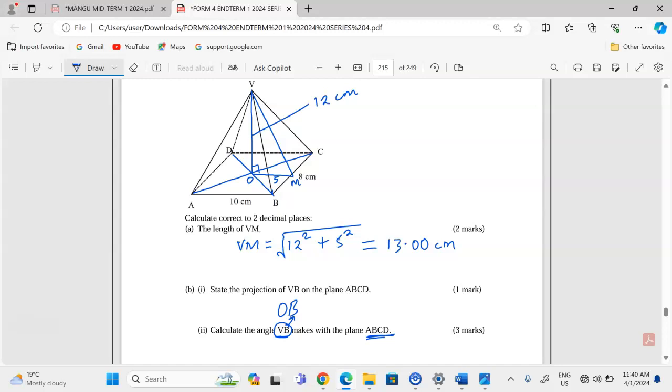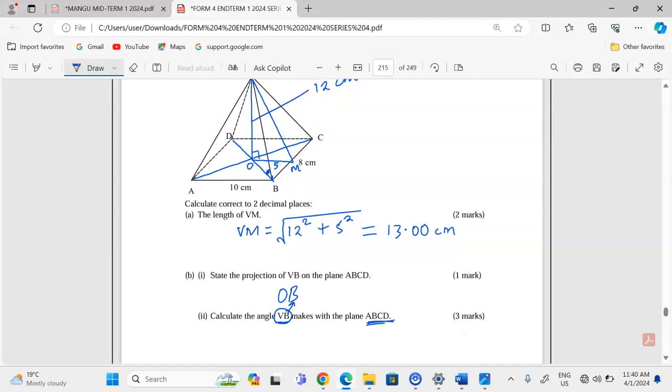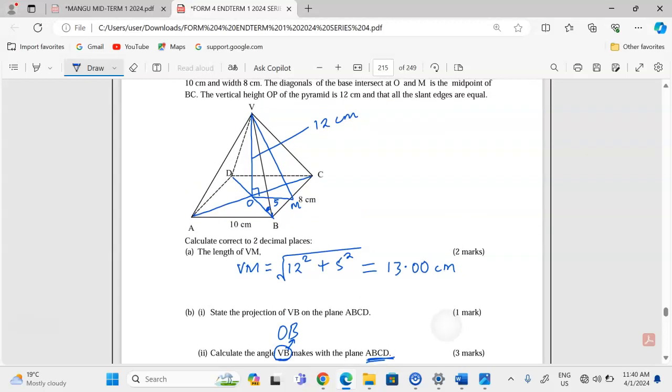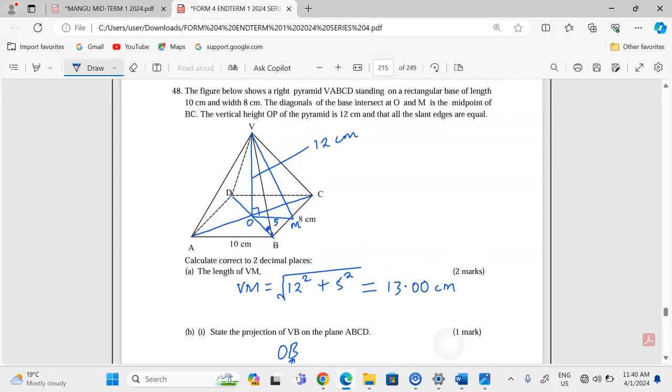Now, allow me to get that angle by first calculating the length VB. Has it been provided?